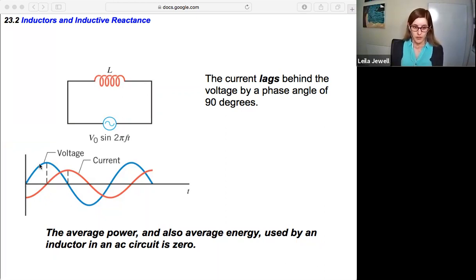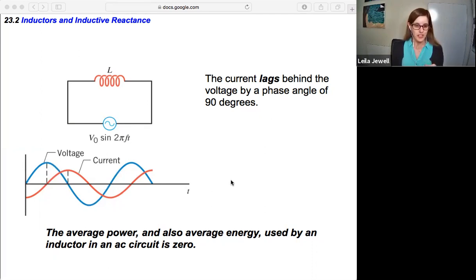So here, our voltage is exactly the same, because that's created by the source. The current's always a reaction to an applied voltage. As the voltage reaches its peak, the current is again 0. That's what we saw before. But then as the voltage starts to decrease, the current increases to a positive max. So it's been shifted the other way.